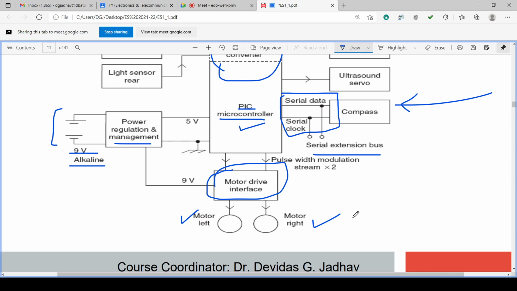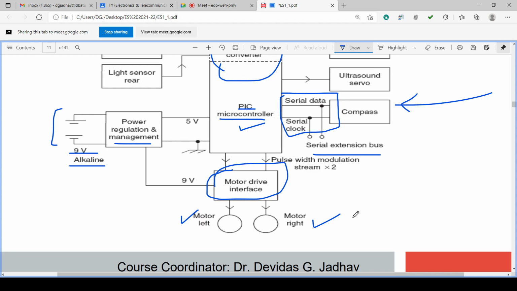Now this lecture information is important because it is applicable for most of the projects. Okay, the motor is required for movement, but the motor requires the driving interface because the microcontroller will tell that motor to run.